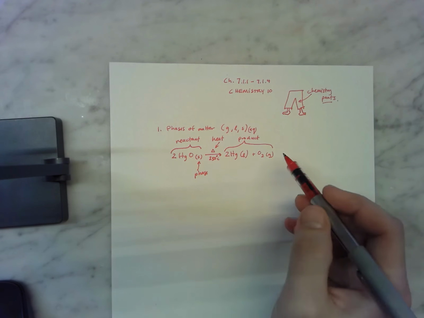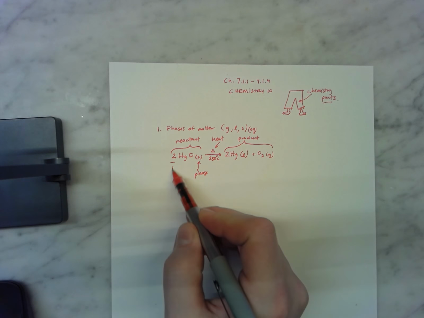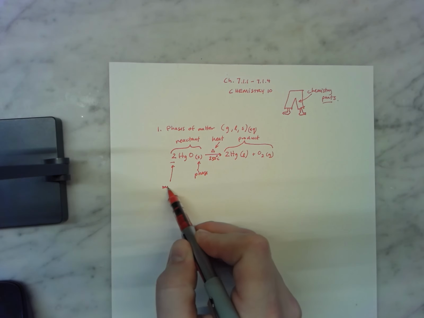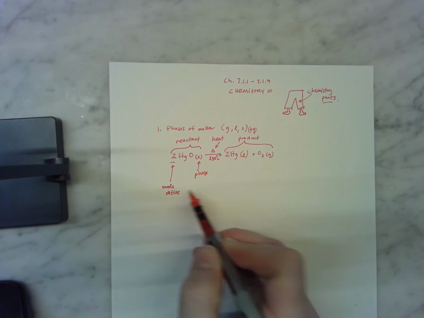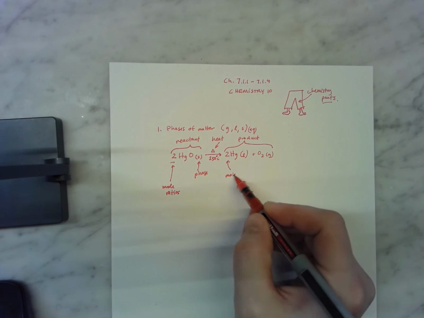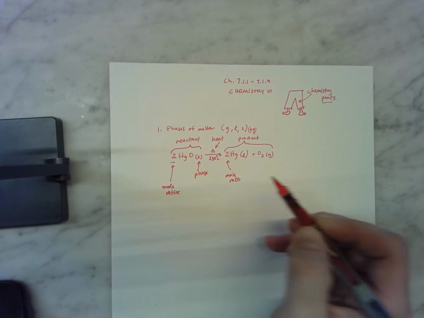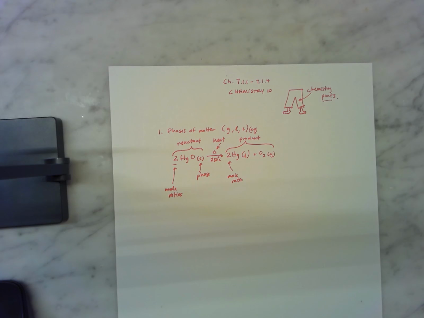So note that we've got these numbers, and we can think of these as the mole ratios. Okay. All right, you can also think of those as individual atoms or molecules, right?